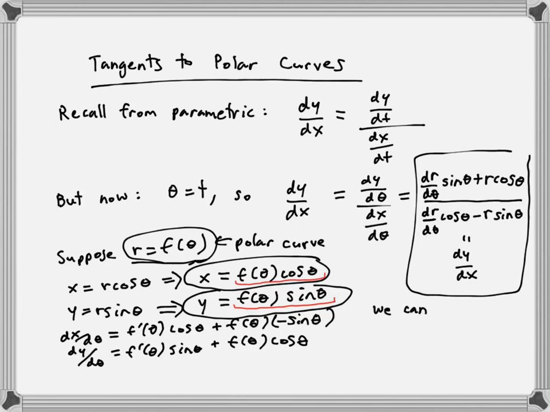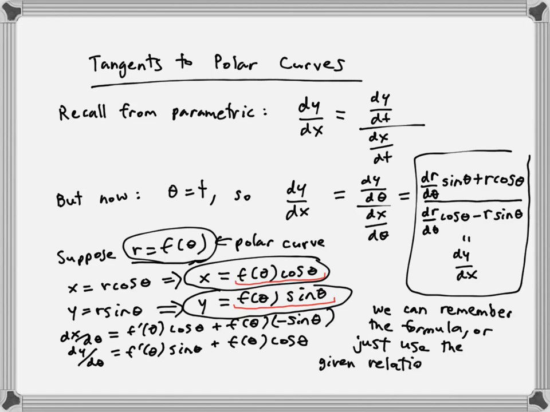We can remember the formula or just use the given relationships. I opt for using the given relationships. You should know this part anyway from the parametric section, so really it's just a combination of that with our new polar equation formulas.